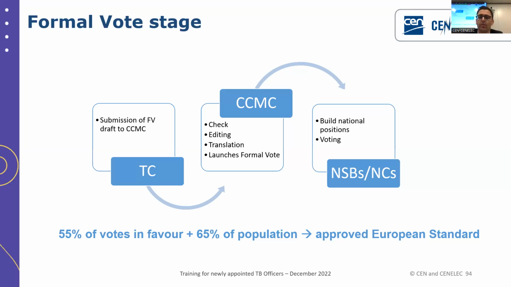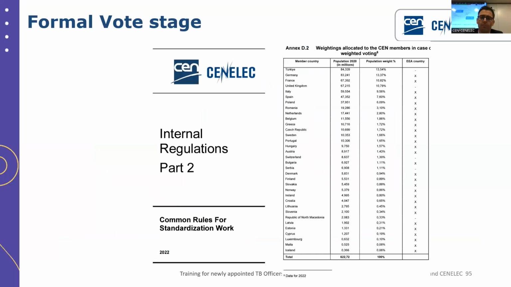Welcome. So the weighted vote, as I was saying, consists of 55% of votes in favor plus 65% of the population. This applies to both inquiry and formal vote. If these criteria are met, this means that the standard can be approved.